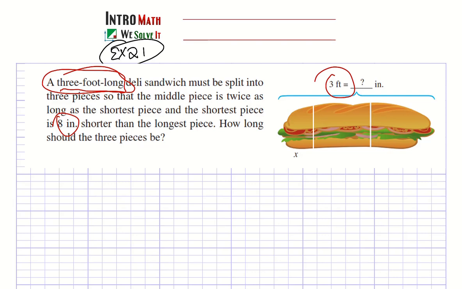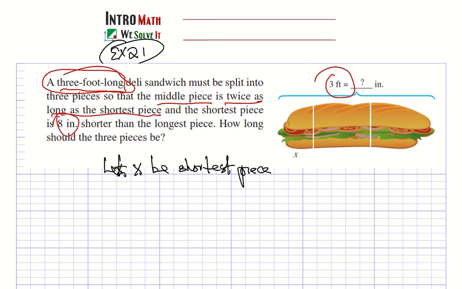So let's see what comparison they did. It says the middle piece is twice as long as the shortest piece. See, that's your clue right there. So you're gonna start with the shortest piece. You say let x be the length of the shortest piece.